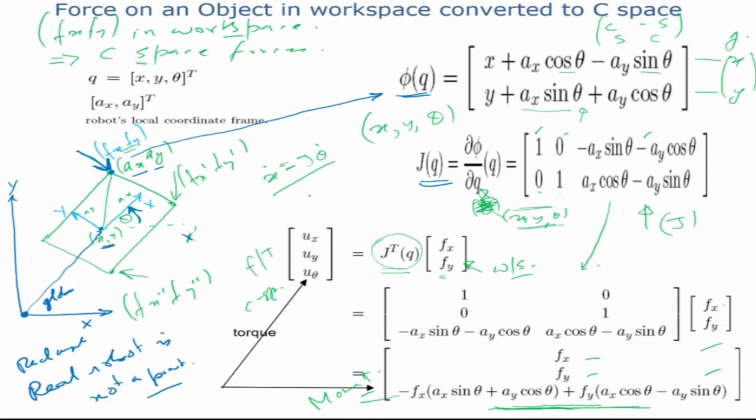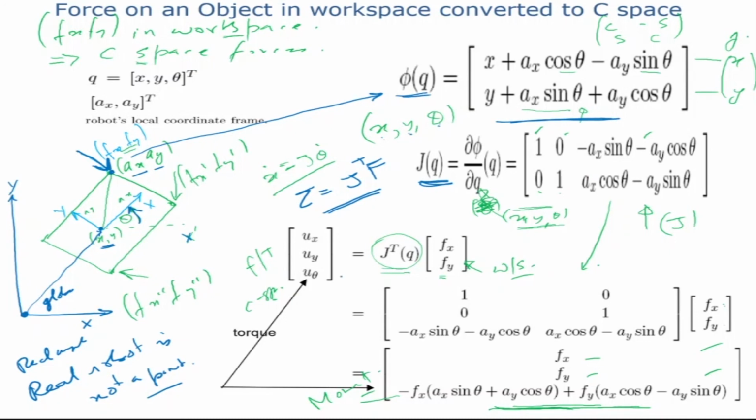We know that tau is equal to J transpose F. Those of you who have not studied Introduction to Robotics, the statics part, please refer to the textbook regarding this relation, that the joint torque tau is equal to J transpose into F. From here I take the derivative of phi and I get J. There are three variables x, y and theta, so first I take the derivative with respect to x, then with y, then with respect to theta. And what I get for J is like this.